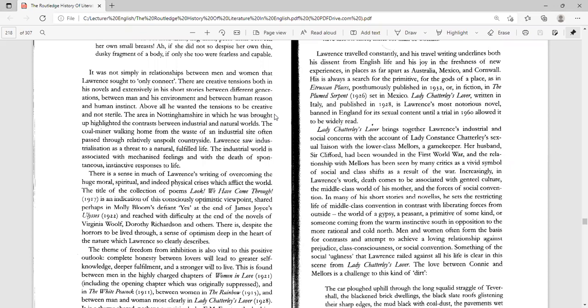The area in Nottinghamshire in which he was brought up highlighted the contrast between the industrial and natural world. The industrial world is associated with mechanized feelings and with the death of spontaneous instinctive responses to life, and Lawrence remains in search of spontaneous life and spontaneous expression of life.